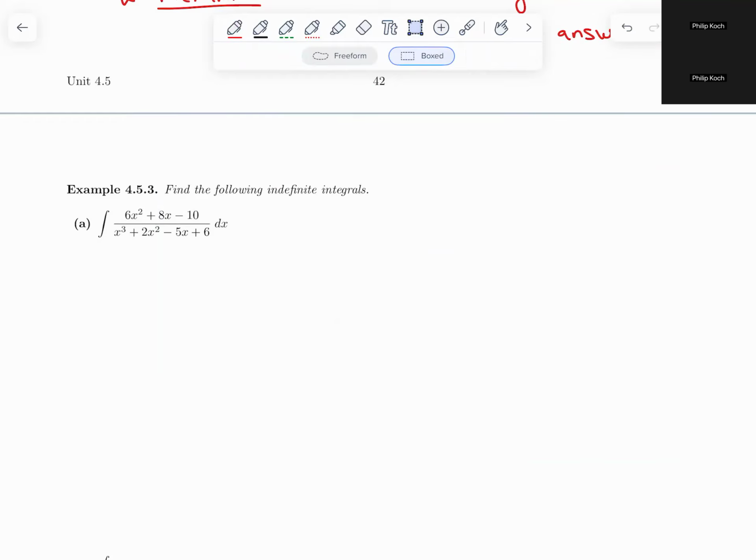Parker, did you have an idea? It should be the denominator. The denominator instead. Let's see what happens. u equals x cubed plus 2x squared minus 5x plus 6.